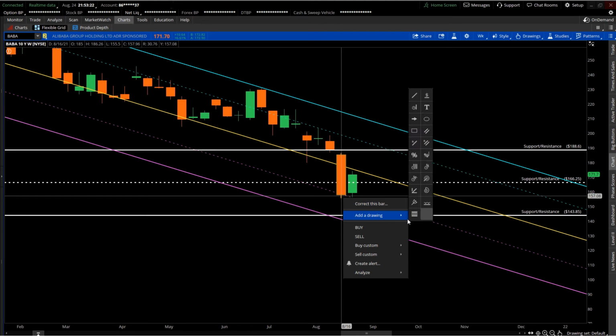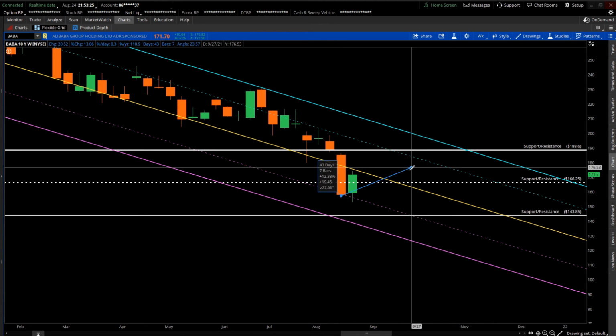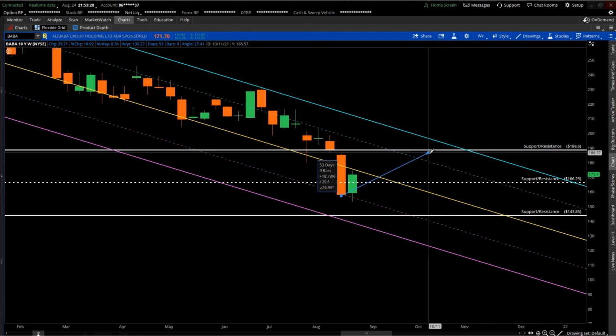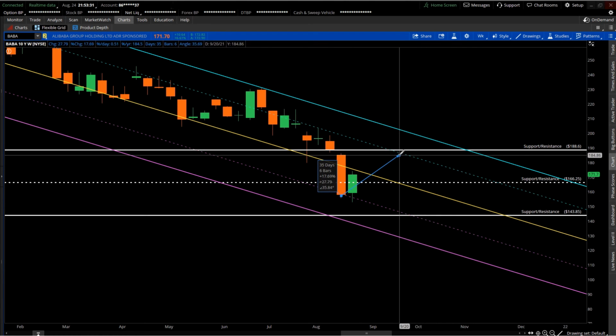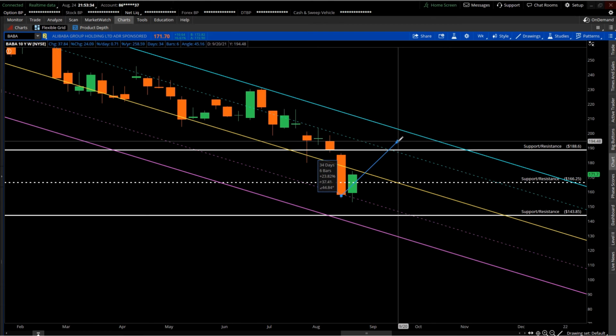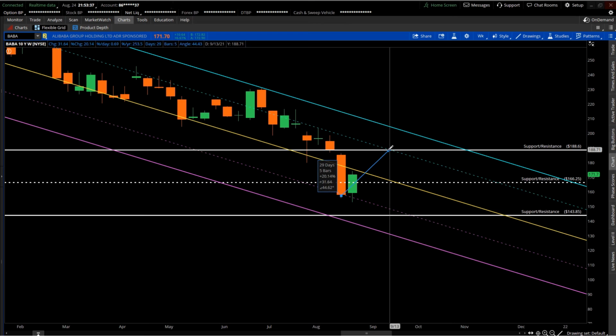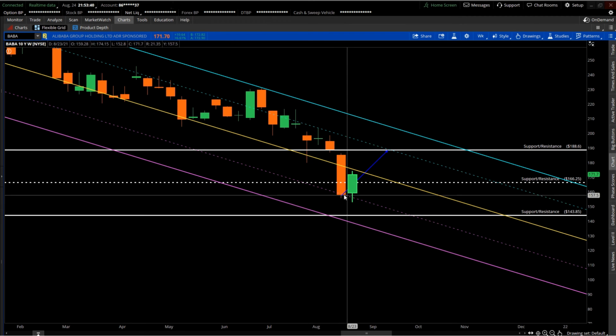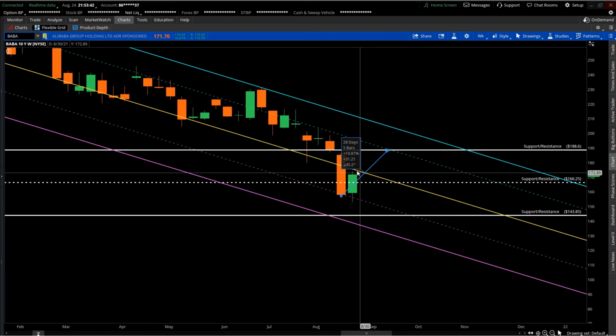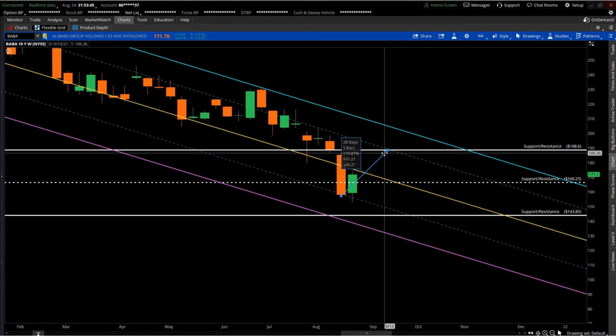If I draw a line to about right here at the 45-degree angle, at this 45-degree line angle, price is going to range up to 188 around September 13th. And what we should know by then is whether price will eventually push itself over 188 and stay above it.